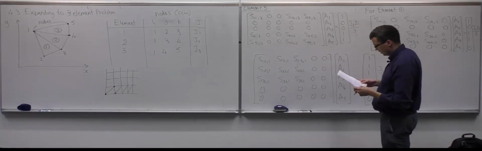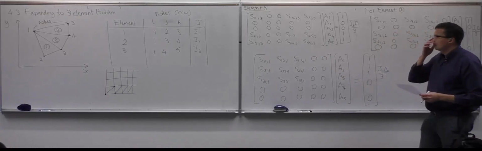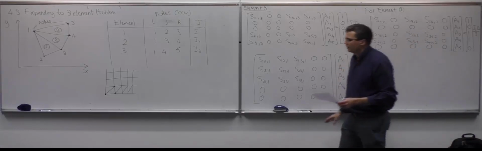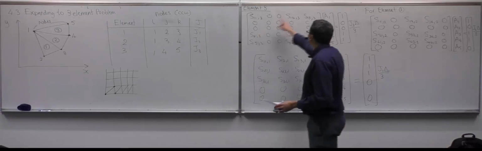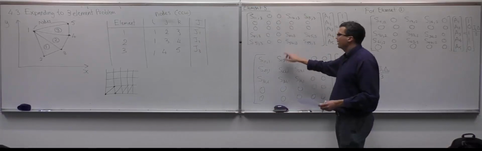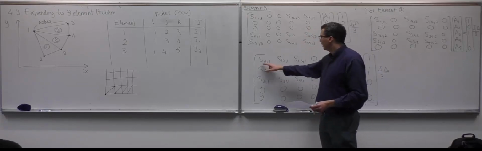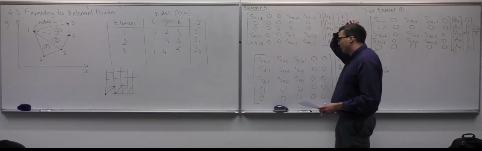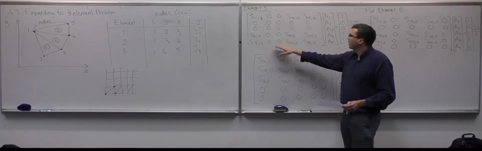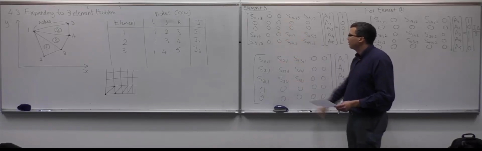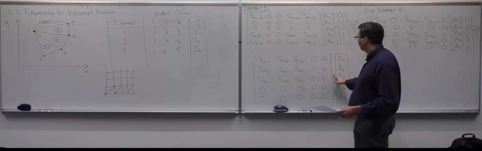So that's it. So you could see how you could define the number of triangles you want to have in your problem. That would then decide on the size of your stiffness matrix. Then you would populate the stiffness matrix with the stiffness terms that are defined from the coordinate information that we wrote out, and you just repeat it based on the locations where the nodes are not zero.